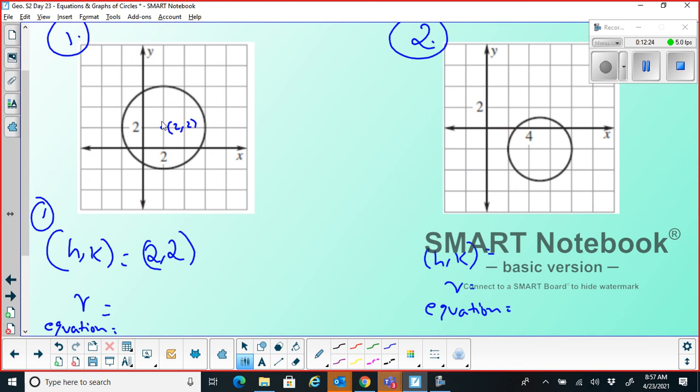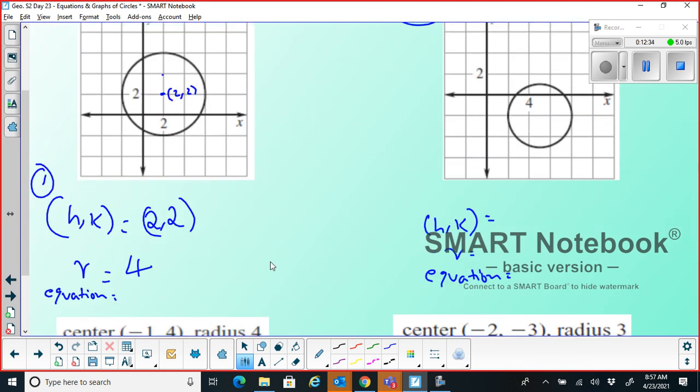Every box is 2 units, which means the radius is 2 plus 2, which is 4 units. From here till here I can just measure and say it's 4 units. And the equation of the circle, we know, is (x minus h) whole square plus (y minus k) whole square equals r square.